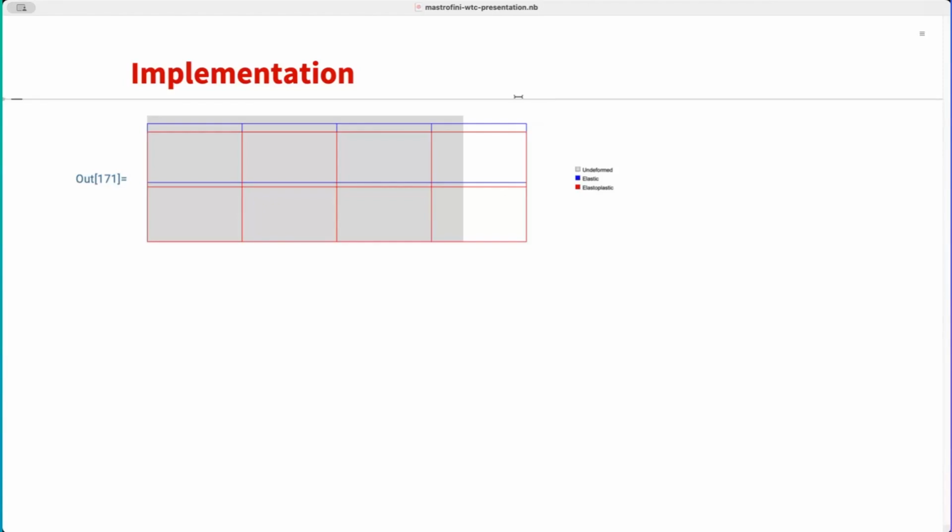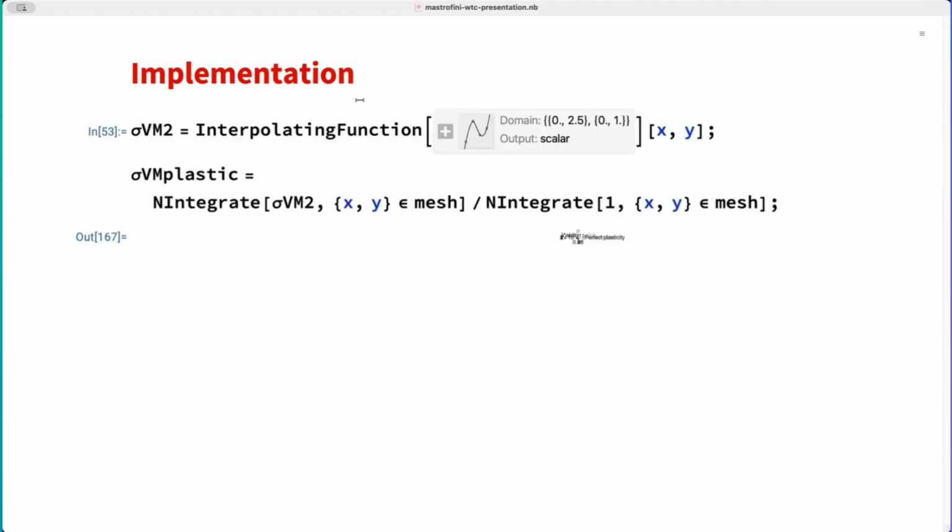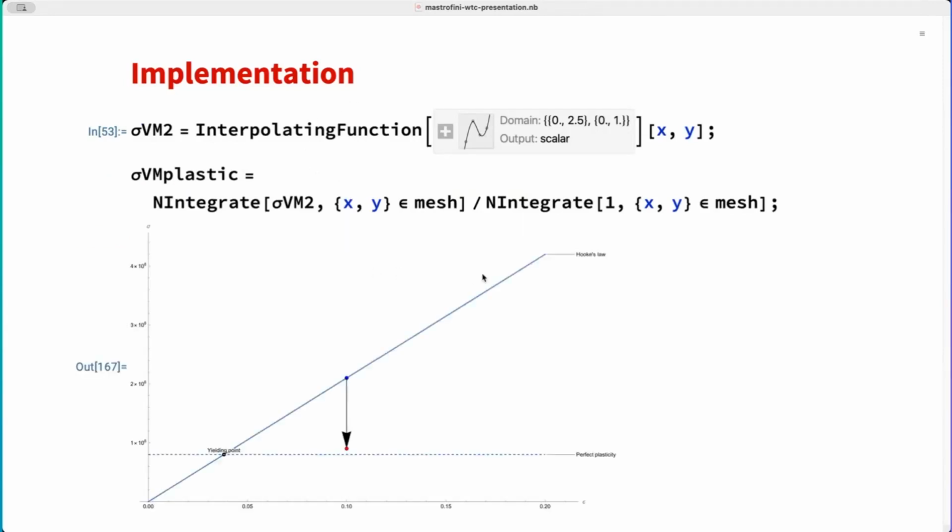In particular, the right side remains the same because this is imposed by the boundary condition, but we can see a higher contraction on the top side. And if we try to evaluate the new von Mises stresses, in this case, we can see that the von Mises stress is pulled back to the plastic limit of the perfect plasticity.